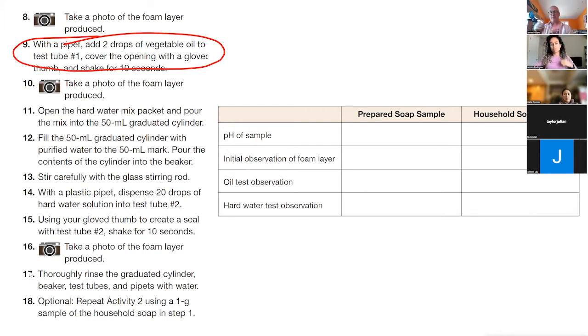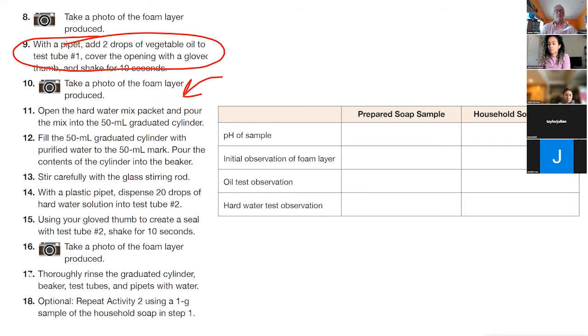When you shake it up, that should just disappear. You shouldn't be able to see the vegetable oil anymore. It should just go into the micelles and be captured inside the bubbles. So take a picture of that layer as well.